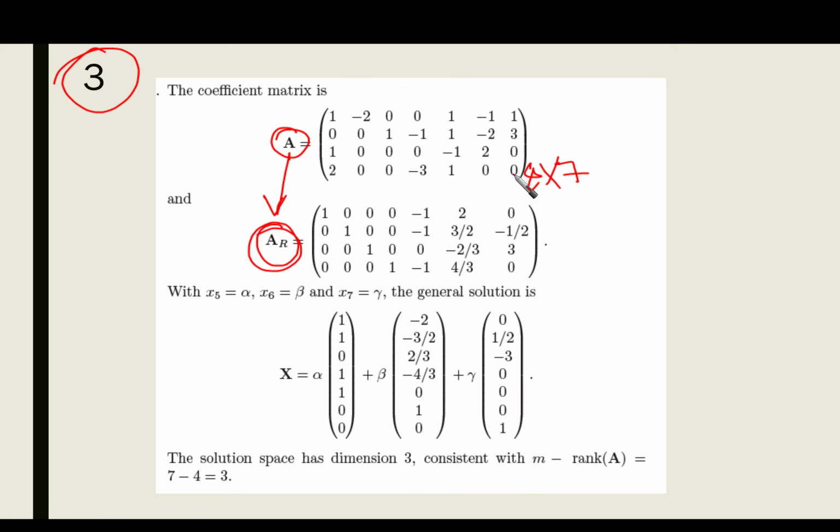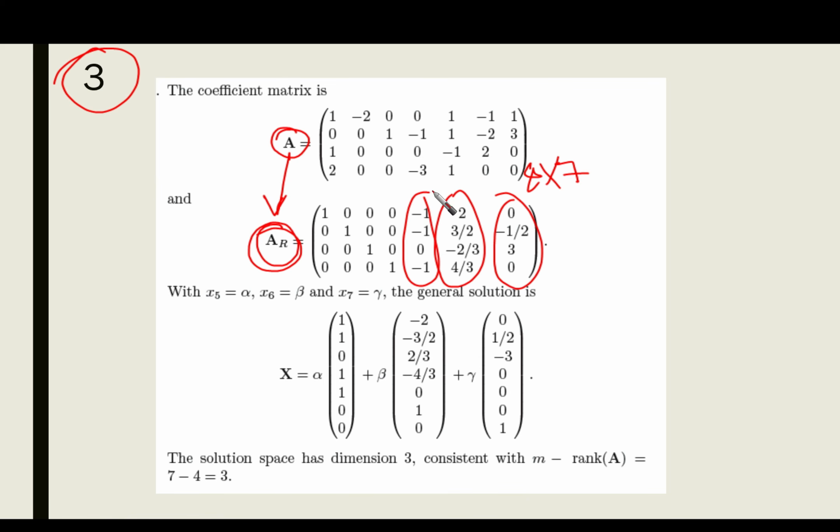So we have 7 here. When we reduce it, you find that it has 1, 2, 3. So we have a 3-dimensional space. Okay, so this means that the dimension of our solution space is 3.